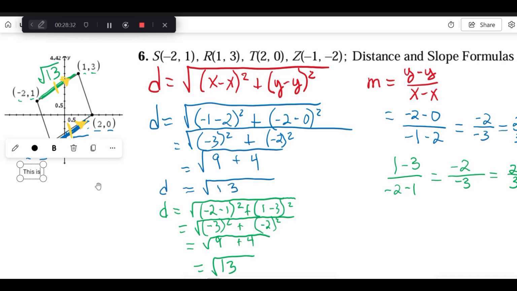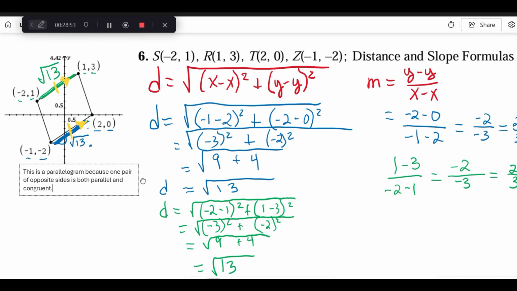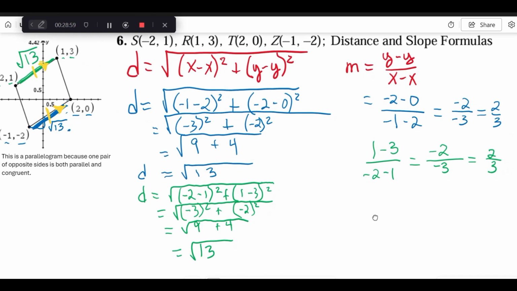This is a parallelogram because one pair of opposite sides is both parallel and congruent. Okay? So this will be my answer, and this is my work that proves the answer. Okay?